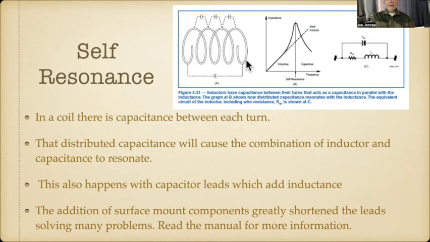If you can see this chart here, it's another of the same thing. If you're using that part in this range here before it gets near self-resonance, it'll work fine. But if you get anywhere in this area here where you've got self-resonance, it will mess you up and it won't work correctly. The same thing goes for capacitors, except that the leads of a capacitor are actually an inductor.